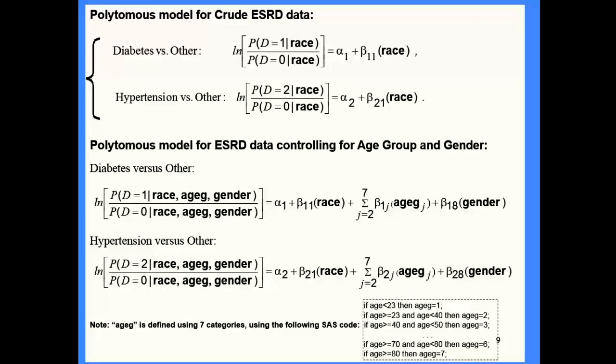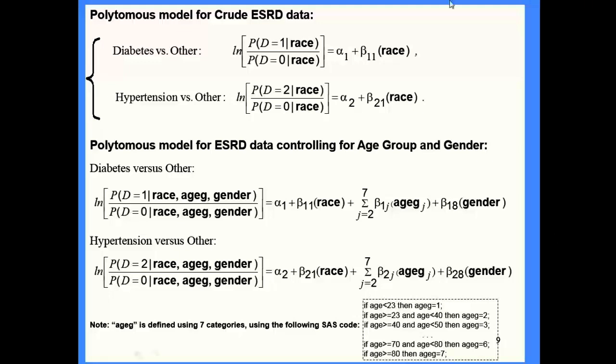Okay, but now in this particular study, they want to control for some variables. So what did they want to control for? Well, one variable was age. The way Natalia controlled for age was she considered age in 8 groups, so there were 7 dummy variables for age, and she wanted to control for gender.